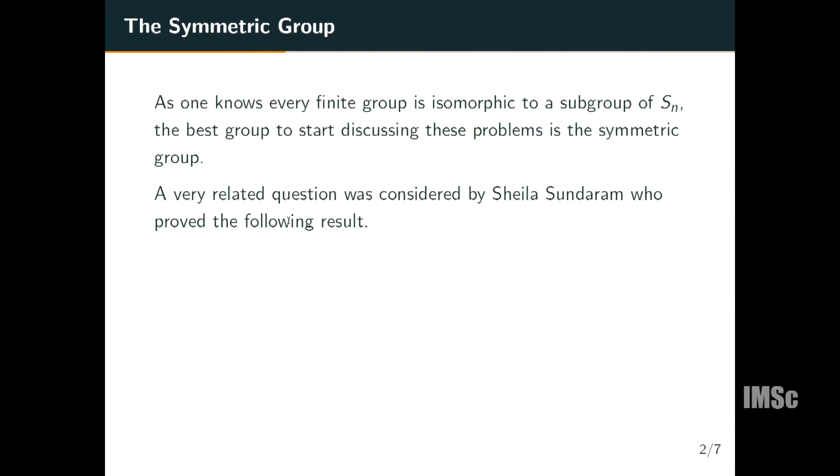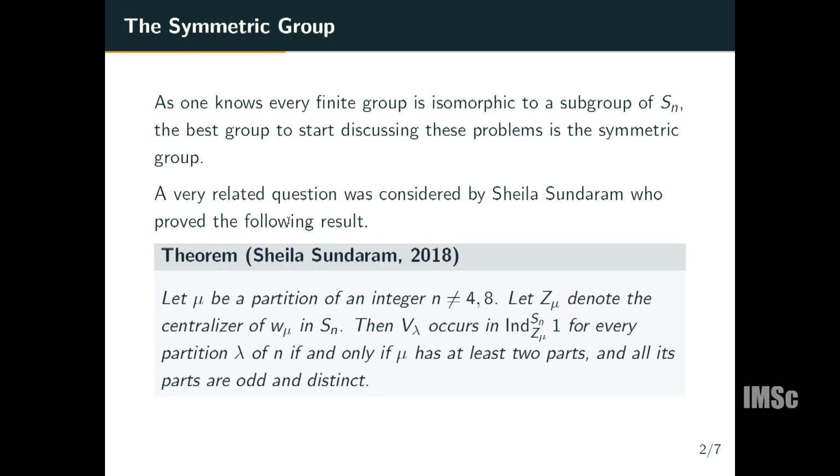Before that, let me talk about a very related work of Sheila Sundaram, who considered, instead of all subgroups, the subgroups which are centralizers of some permutation. She considers those specific subgroups and has classified which centralizers are also monomial subgroups.